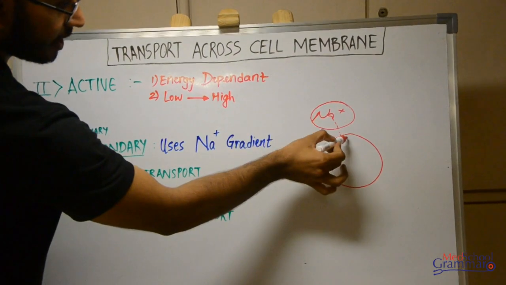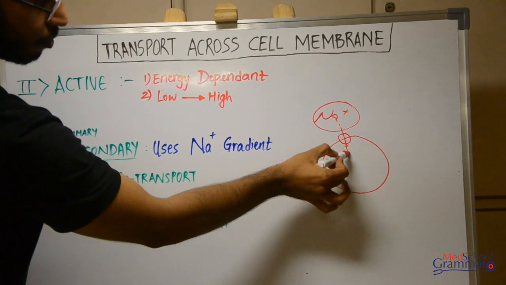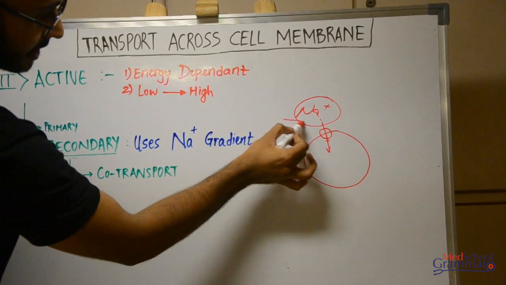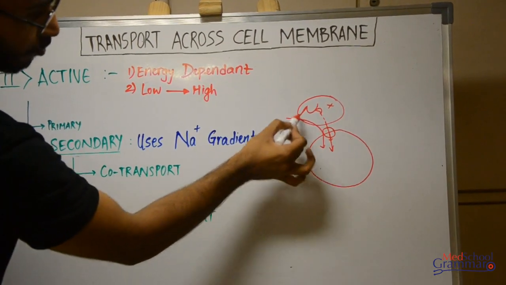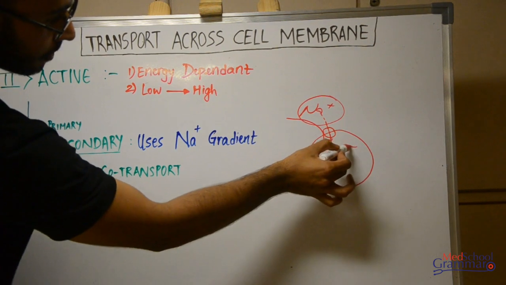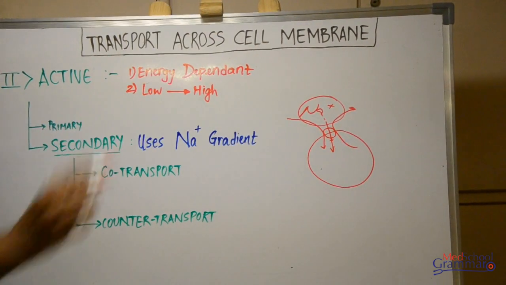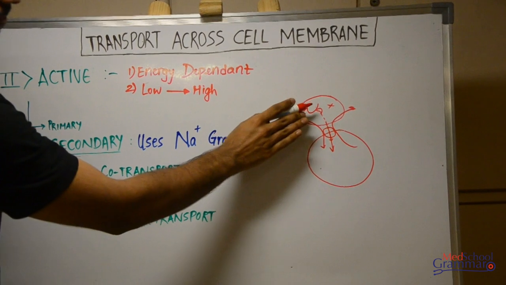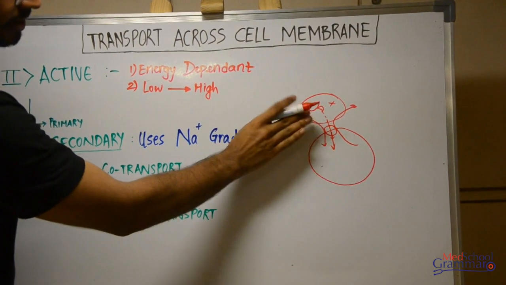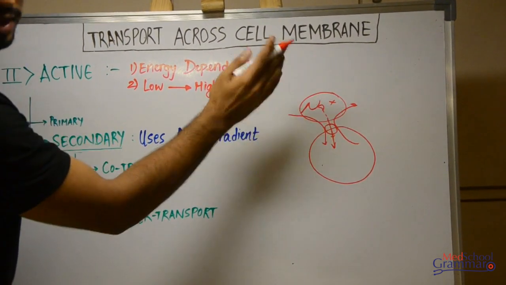Now as sodium moves in through a protein here, other substances tend to join it. They move in along with the sodium or they move in the opposite direction, that is outside. Now remember, sodium tends to move inwards because it is in higher concentration on the outside.